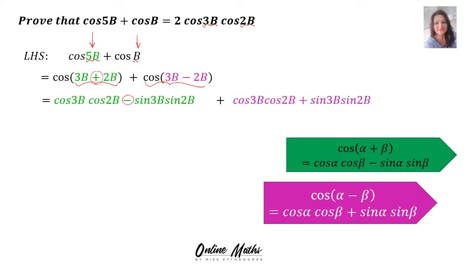Then minus sin 3b sin 2b plus sin 3b sin 2b, they can cancel each other out. And I'm left with cos 3b cos 2b plus another cos 3b cos 2b, and the answer 2 cos 3b cos 2b, and that is what the right-hand side is.